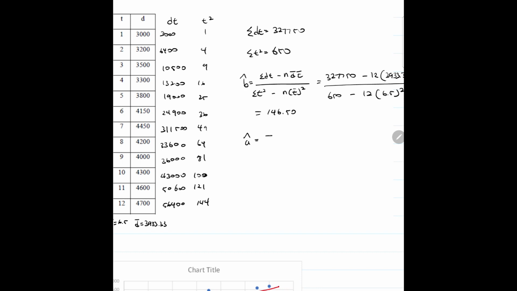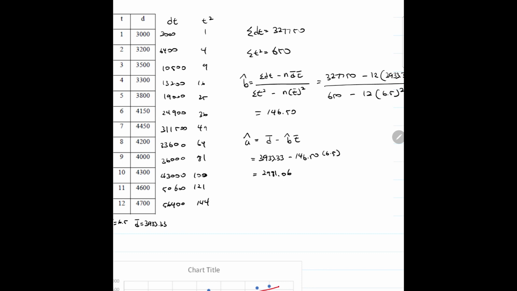Which is d bar, 3033.33, minus b hat, which is 146.50, times t bar, which was 6.5. And when you calculate this one, it is 2981.06.